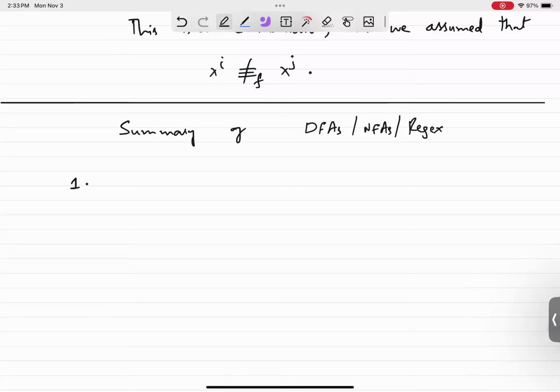So first, we are motivated by wanting a model that can compute unbounded length inputs.